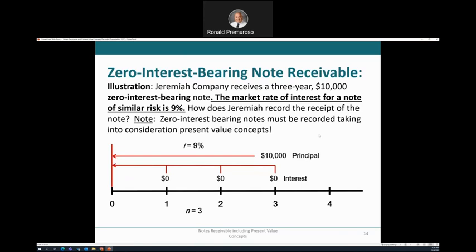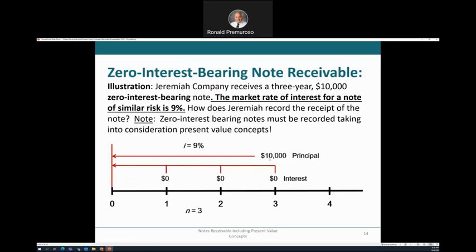So how does Jeremiah record the receipt of this note receivable? Note that zero interest bearing notes must be recorded taking into consideration present value concepts. So what we have in this case is no interest payments during the 3 years.